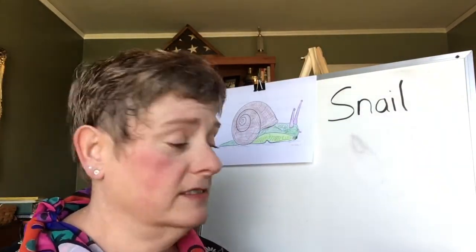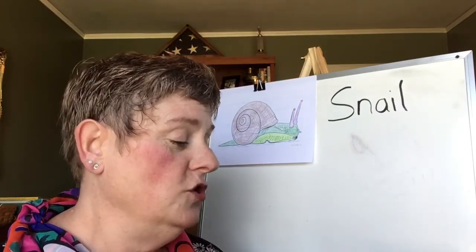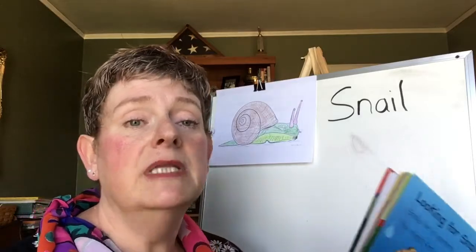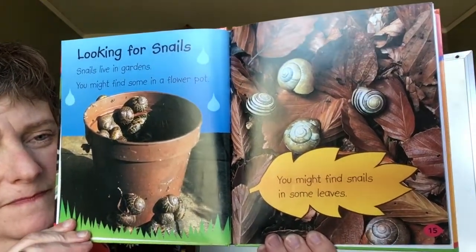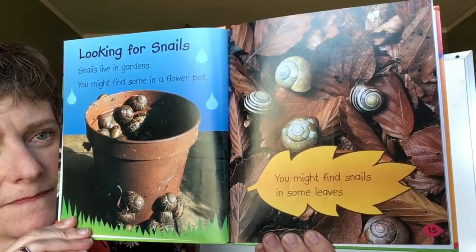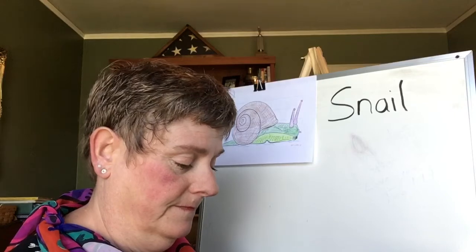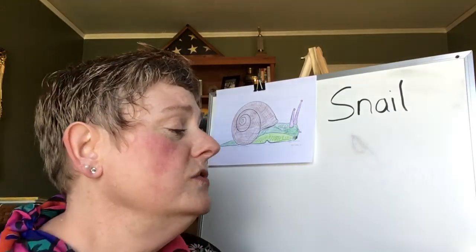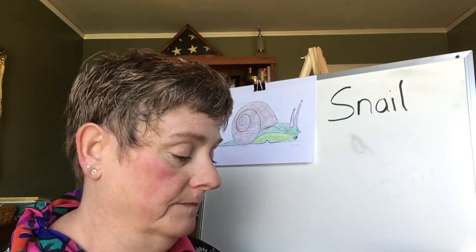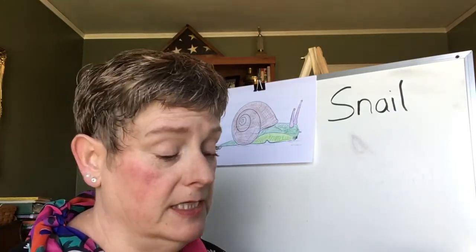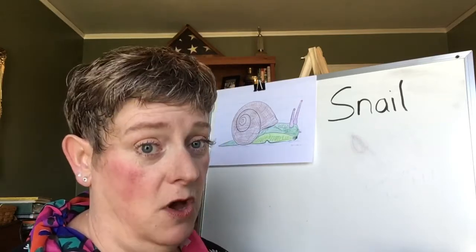Snails live in gardens. You might find some in a flower pot. You might find snails in some leaves. New snails hatch from round white eggs. Baby snails are very small.